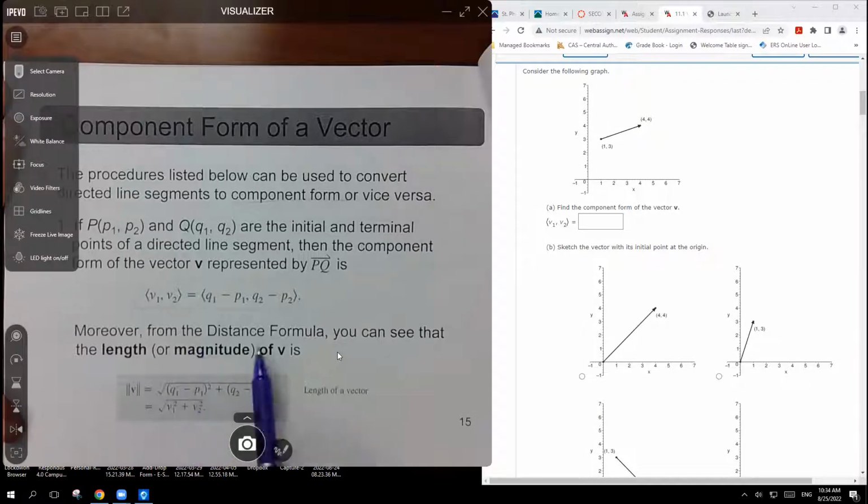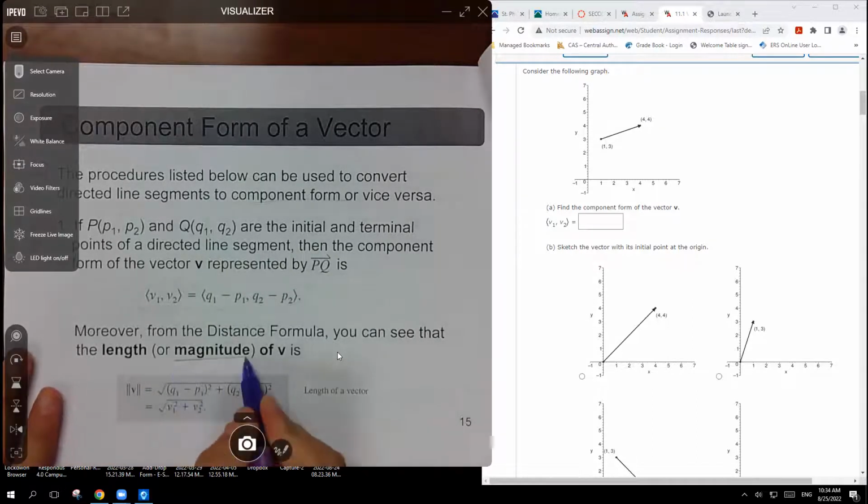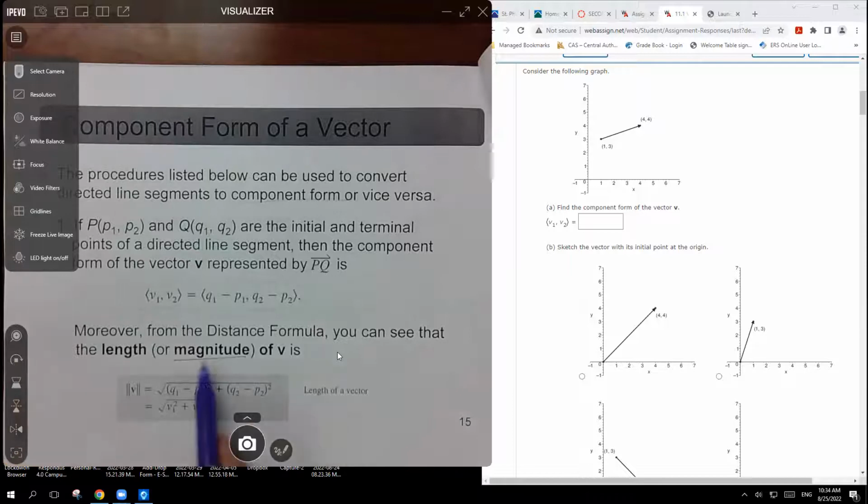Moreover, from the distance formula, you can see that the length, by the way, when you hear length or magnitude, these are the same. It means length, which is the distance between the two points, or the length of the line. This is the length of the vector.